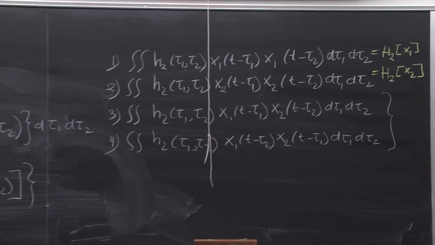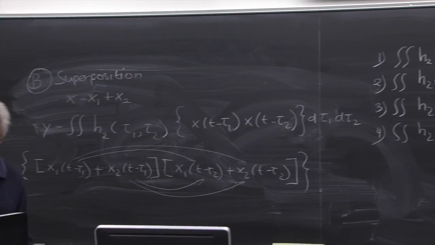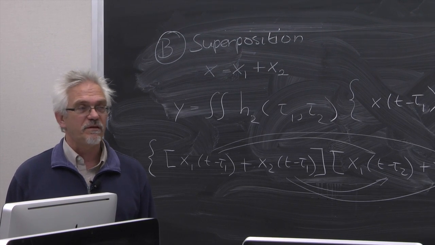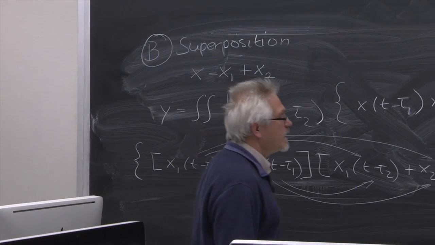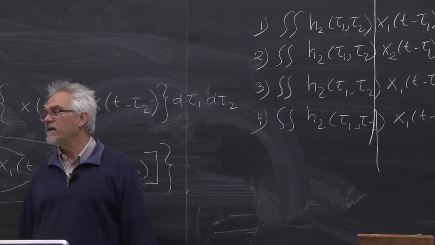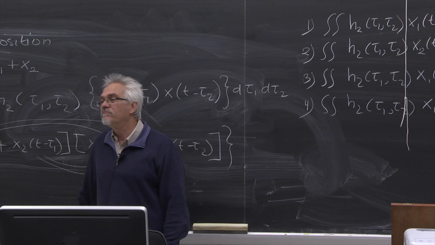Something that, again, I'm not going to prove to you right now, but you will see in a little bit that it's actually pretty intuitive, is that H2 is a function that is symmetrical around the diagonal.